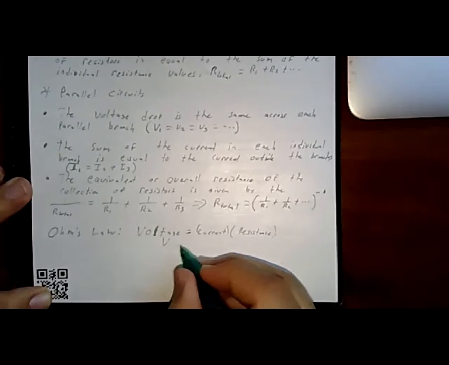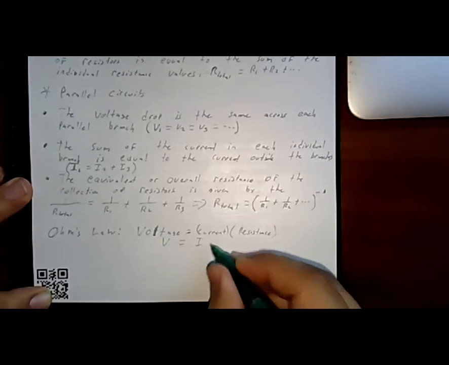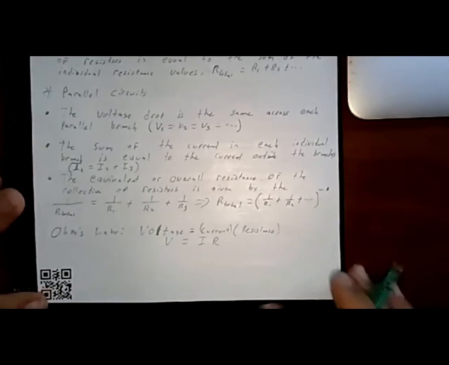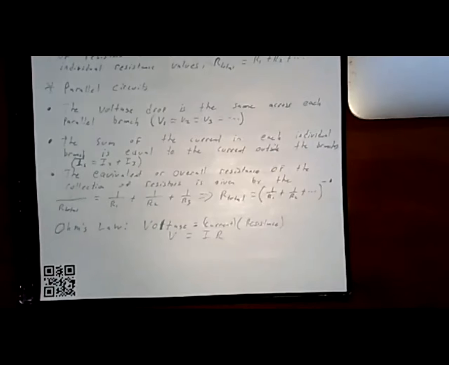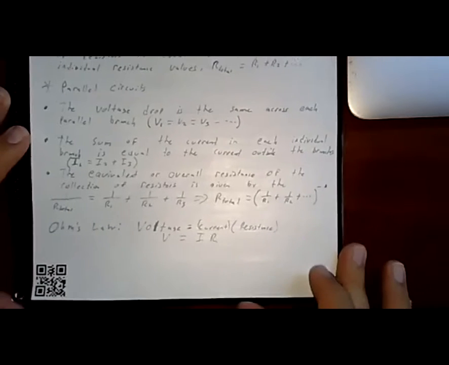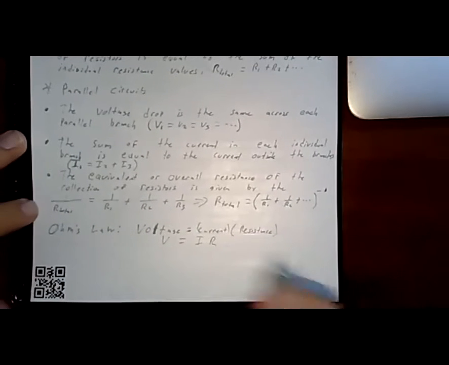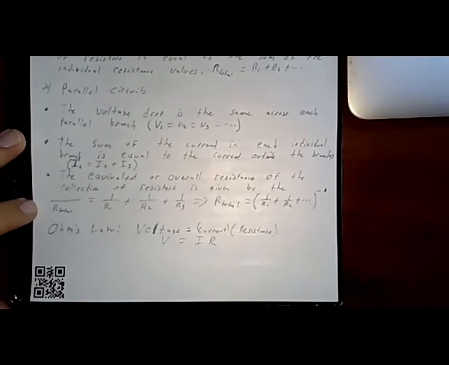In other words, V is equal to I times R. All right. So let's do some examples so you can start seeing what equivalent circuits are and how you find resistances, etc. You guys have any questions so far? Okay.